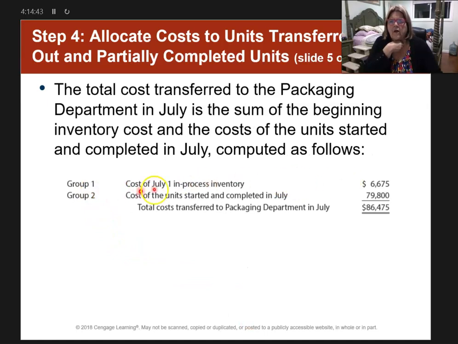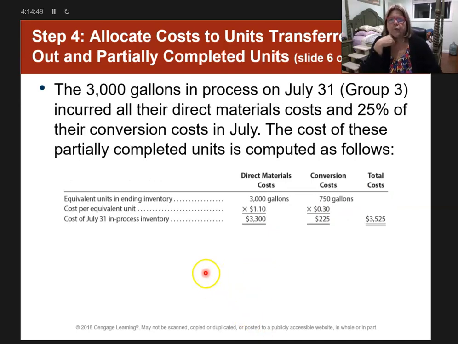And now finally, here's where we stand so far. Here's my group 1 cost, my group 2 cost. So let's move to group 3. Group 3 is what's left still in stock. 3,000 gallons was my EUP times my multiplier. Remember, conversion was only 750 because it was only 25% completed, times my multiplier.